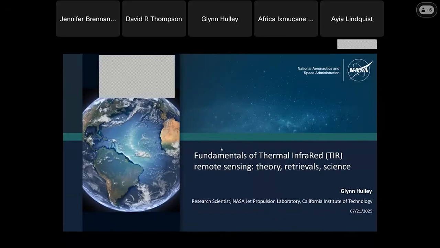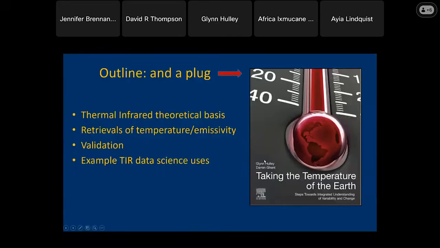So moving on to the longer portion of the electromagnetic spectrum, into the thermal infrared. My outline here is I'm going to give some broad background on thermal infrared, the theoretical basis behind what it is we're actually measuring in the thermal infrared.